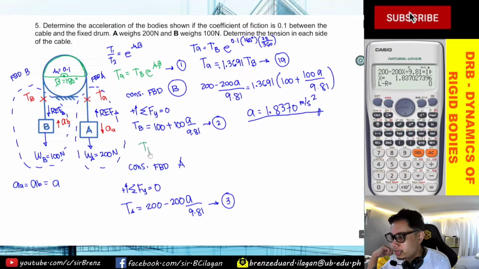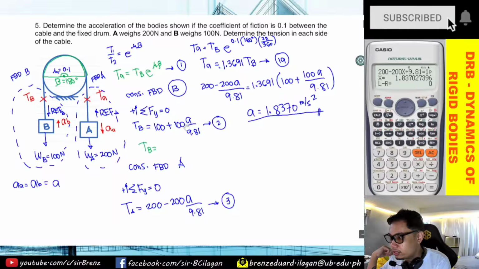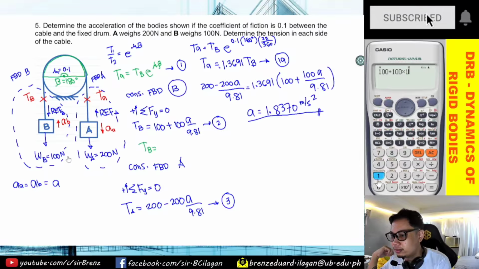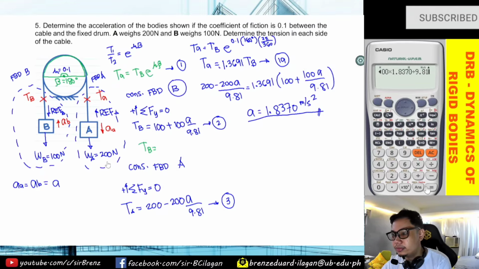Ayan. So, yung TB natin, substitute mo lang dito. So, 100 plus 100 times 1.8370, store nyo lagi ha, nakakalimutan ko lang, then divided by 9.81.